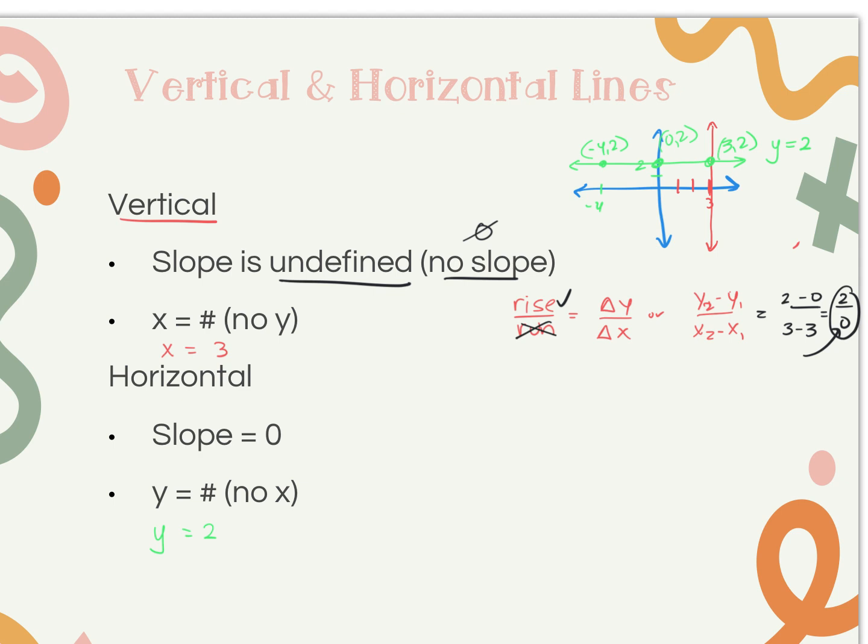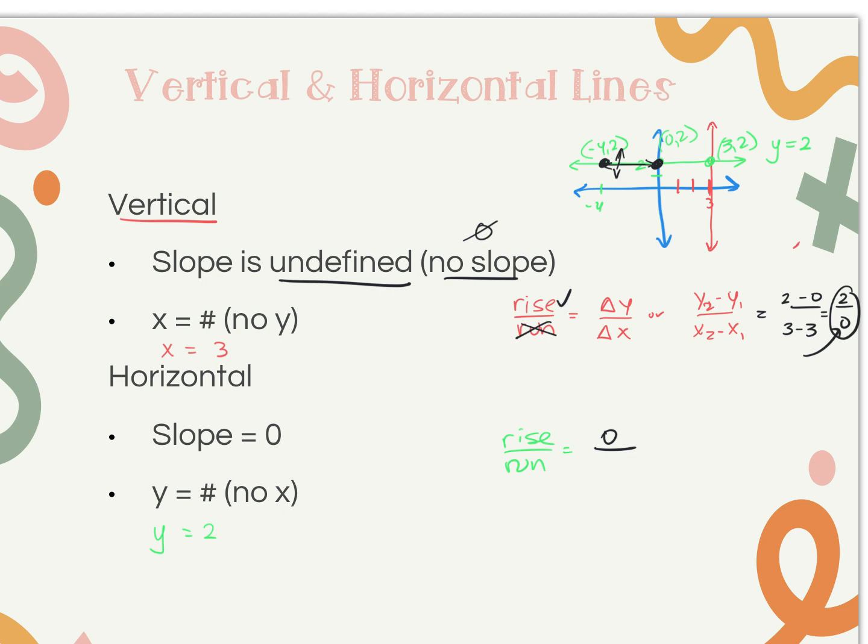Now, when we talk about our slope and we try to figure out, again, rise over run, notice that from one point to the other, let's say I was going to go from -4, 2 to 0, 2, there is no rise. There's no up or down change. So the rise is 0. The run, yeah, there's a change here in my run.